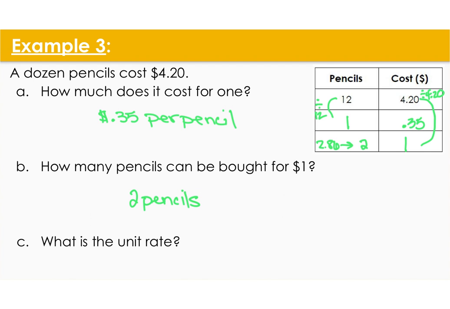So what is the unit rate? If we did this as 420 per 12 pencils, the unit rate, we already figured out 420 divided by 12 is 35 cents per 1 pencil.